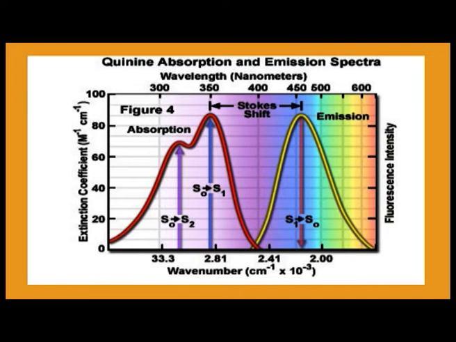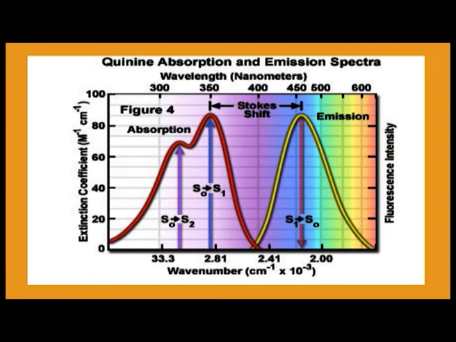So, as I told you, in case of fluorescence, the emitted radiation has generally lower energy than that of the absorbed radiation, and therefore, in the fluorescence spectra we can get two types of wavelengths. One is the absorbed wavelength, which is of lower value, and the second is the emitted radiation, which has the higher wavelength value or lower energy value.